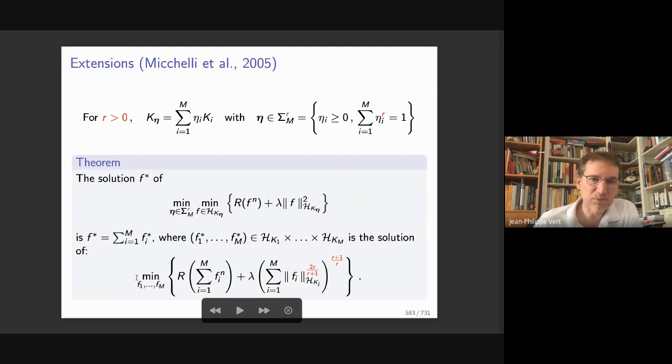And basically, you obtain the same flavor of equation where the optimization over eta translates into minimizing the same risk. So you still minimize over the same functional space, which is a set of functions f star, which are sums of fi star. So it's always the same space of functions over which you optimize.